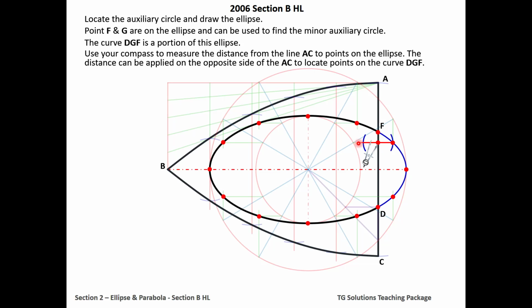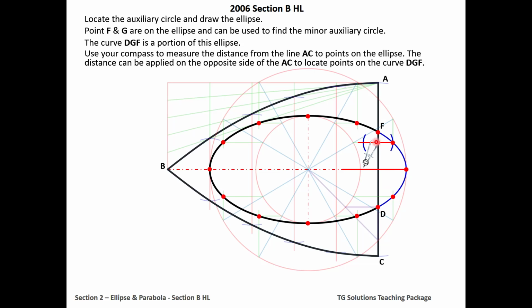So we're going to draw random lines through, and take our compass, take the length from here and strike it here. So what we're actually doing is we're saying that FD is an axis, and we're going to mirror this shape here on this side of the axis, okay?